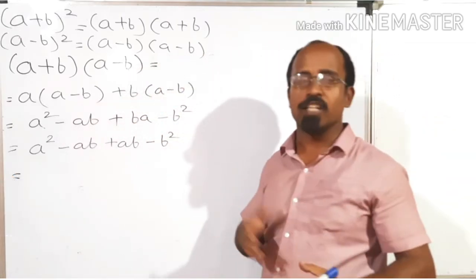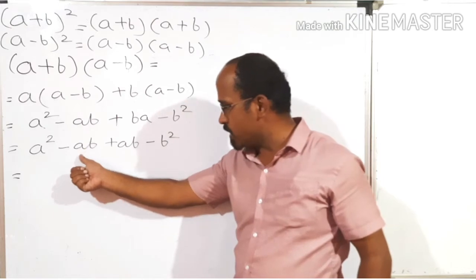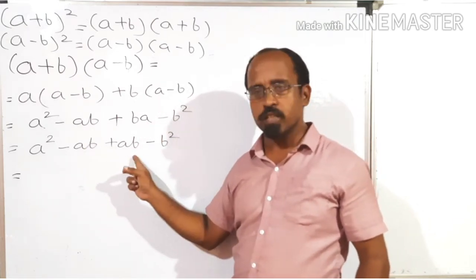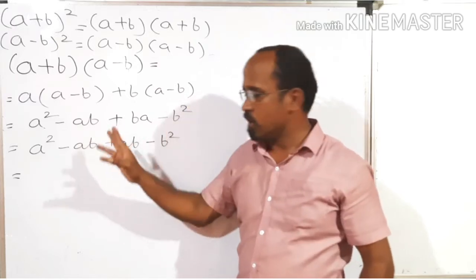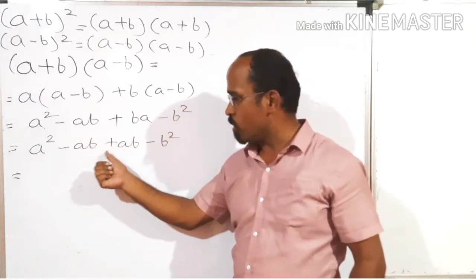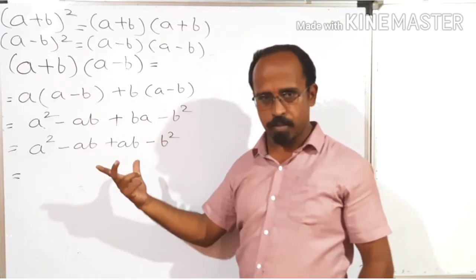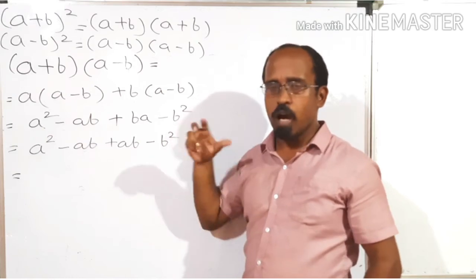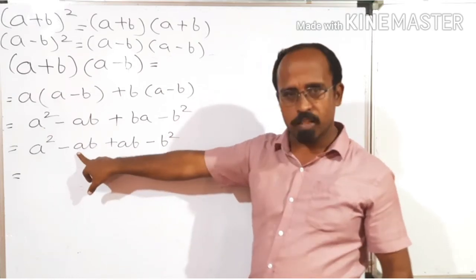Now let us do their addition or subtraction. See, minus ab and plus ab, these two are like terms. So either addition or subtraction is possible between these two terms. Symbol of both of the terms are different, hence we have to do subtraction. Okay, how to do subtraction? Let's subtract their coefficient.